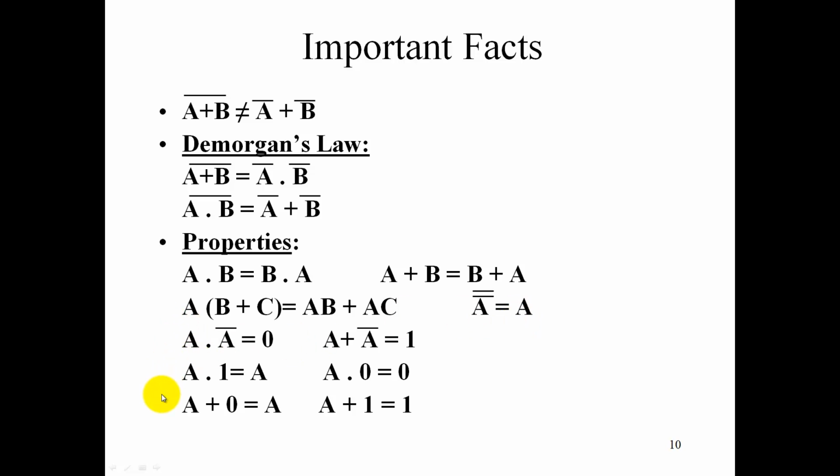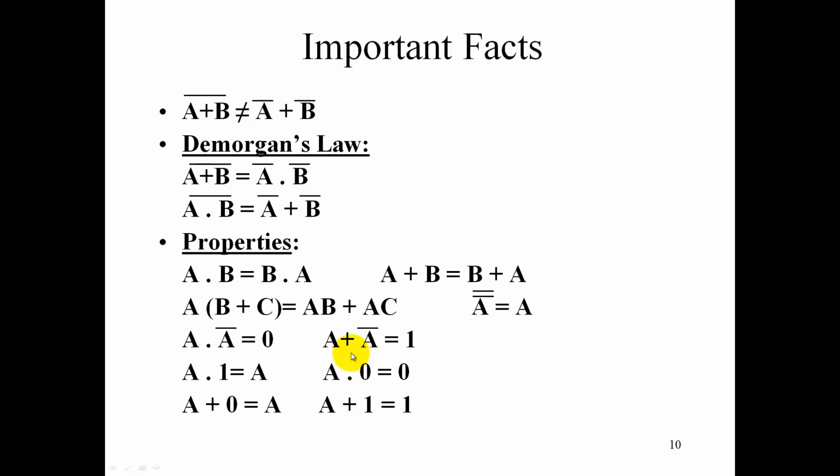A few identity rules here are A and not A is equal to 0. That's saying if the input is 1, and that means the negation would be 0, or even if this was 0 or 1, it will always be equal to 0 because it's an AND statement and we're talking about the negation.